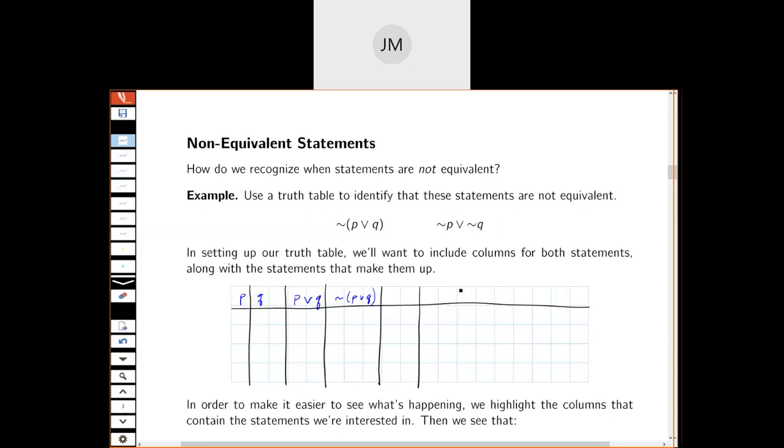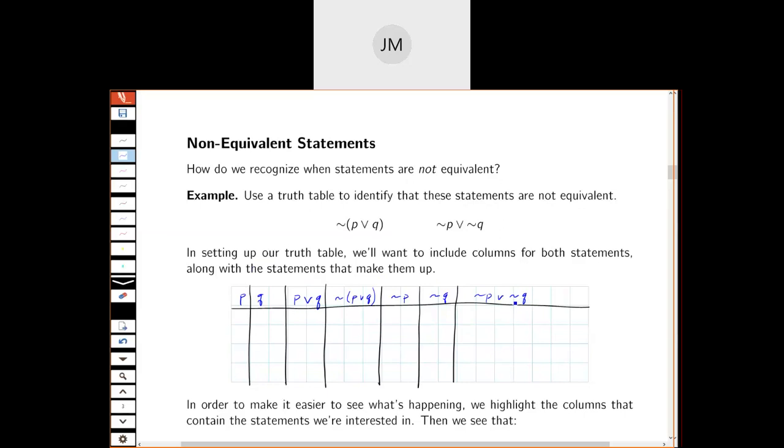And then if I want to create the statement on the right, I need to have a not P column and a not Q column. And then I can combine those two together using OR in order to get my final statement. Okay. So this is the setup for our truth table.